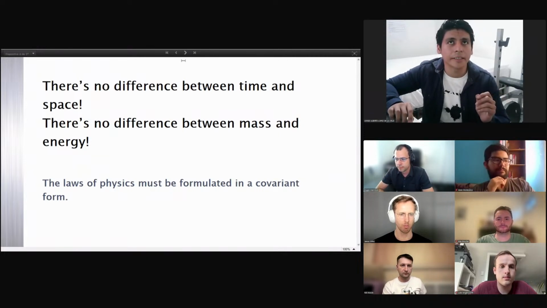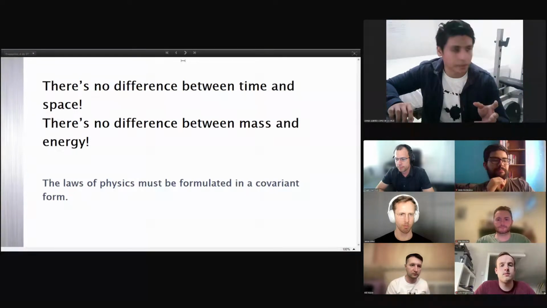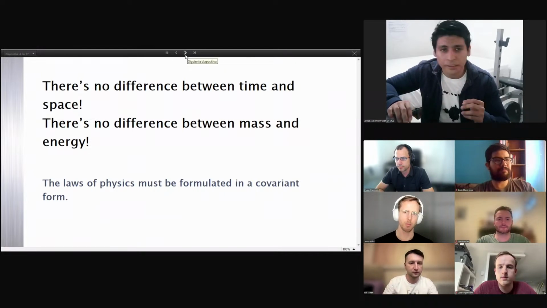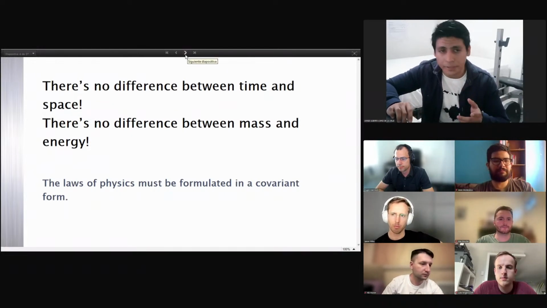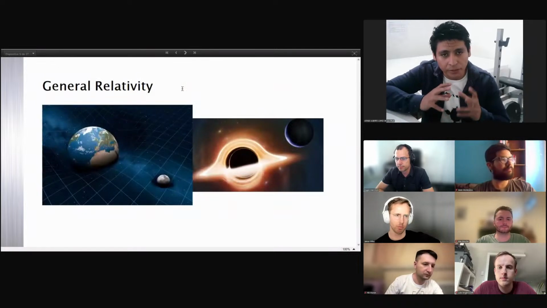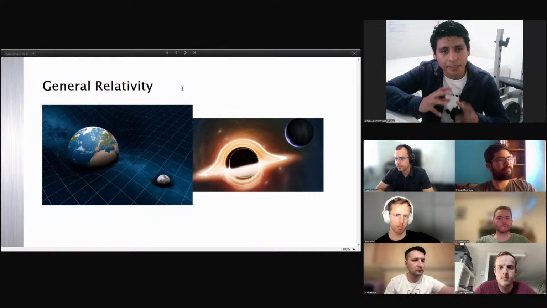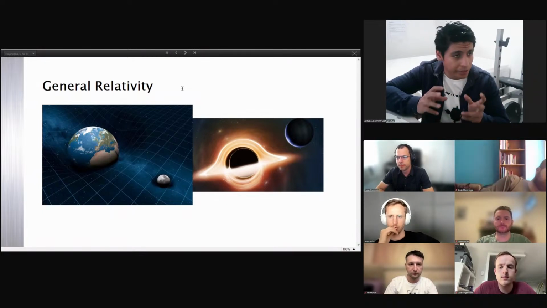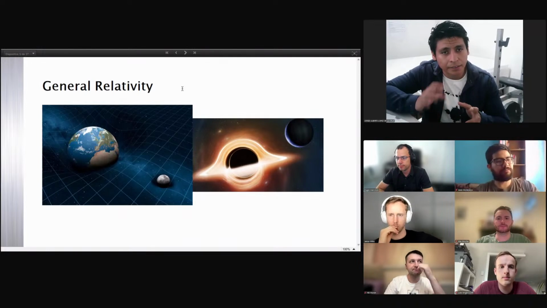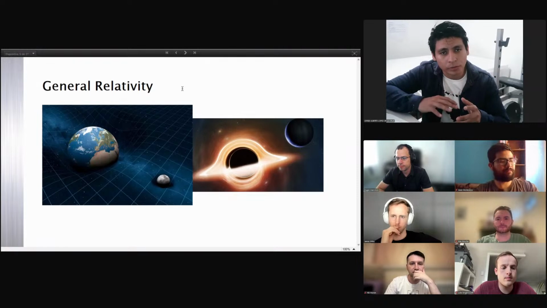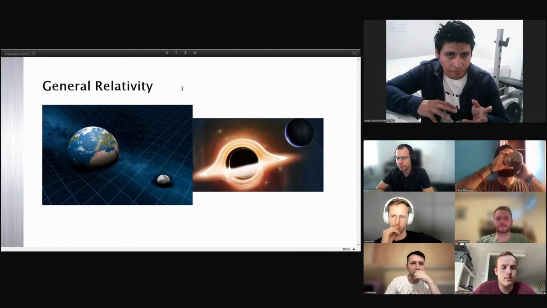All right, this theory explains the movement of bodies, but we are missing gravity. If we want to introduce gravity, we need to talk about general relativity. General relativity is a generalization of special relativity that introduces gravity, and at this level gravity becomes the curvature of space-time.